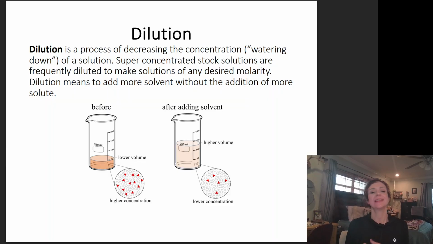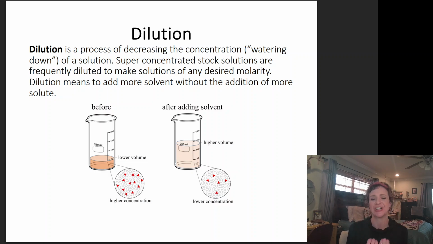Now we can use these concentration understandings, or the concept of a concentration in an actual numerical value of molarity, molality, and utilize this process called dilution. Dilution is a process of decreasing the concentration, or I like to think about this as watering down of a solution, okay?